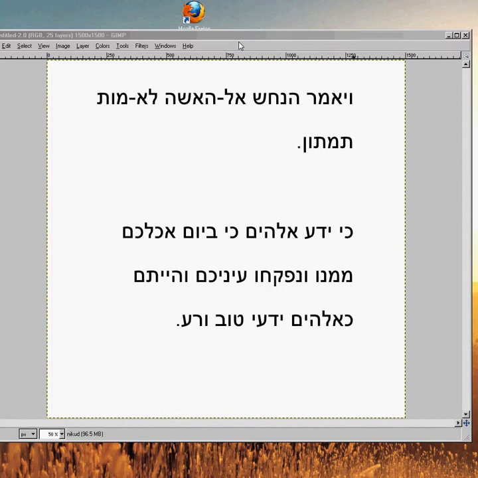So, with that being said, I am just a beginner, and this will just cover the very basics of the Hebrew language that pertains to Bereshit chapter 3, verses 4 and 5.